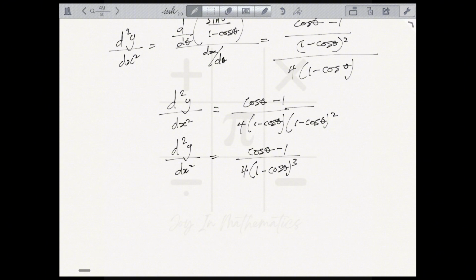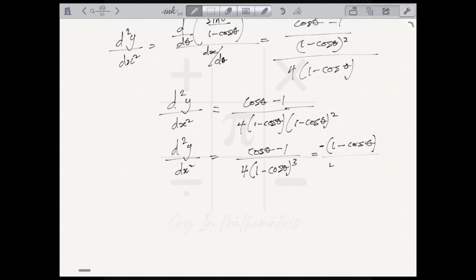Can we simplify further, having cos θ minus 1 at the numerator and 1 minus cos θ cubed at the denominator? Yes, we can. Let's make the numerator in terms of 1 minus cos θ, and that will be an introduction of factorizing by negative.